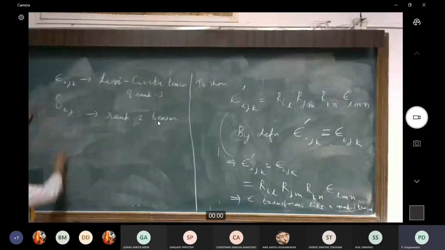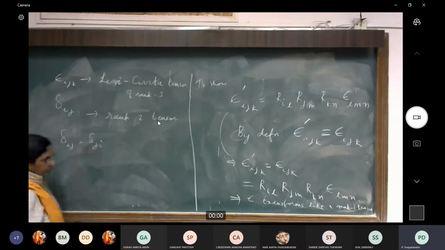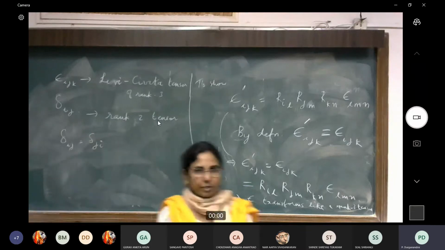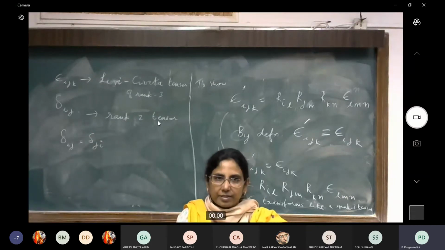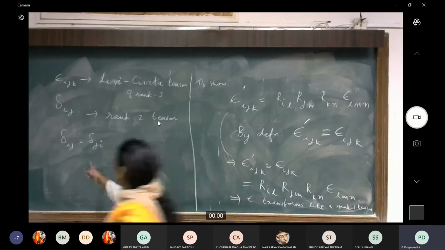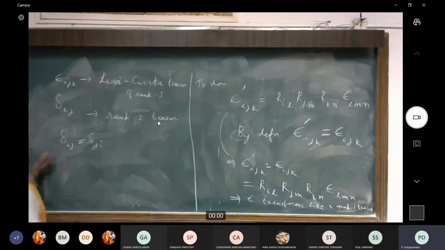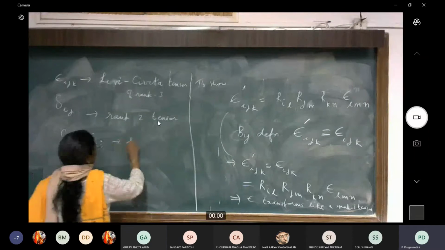And further, what you can see is that delta ij equals delta ji. So what kind of a tensor is this? Second rank. What kind of a second rank tensor is this? On the exchange of these two indices, i and j, you're getting the same thing. So what would you call such a tensor? Symmetric. Yeah, so it is a symmetric second rank tensor.